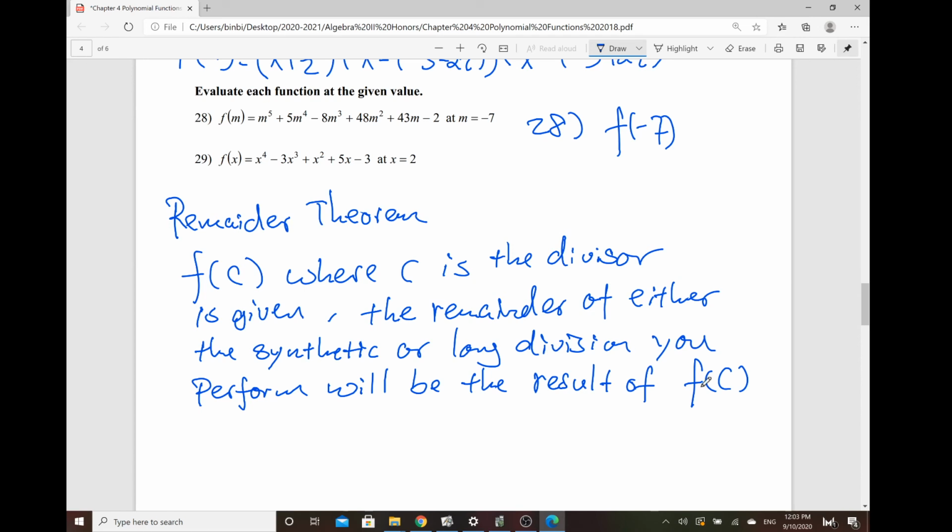So let's say that the remainder is r. Whatever the remainder is, that's going to be the final result of f of c.